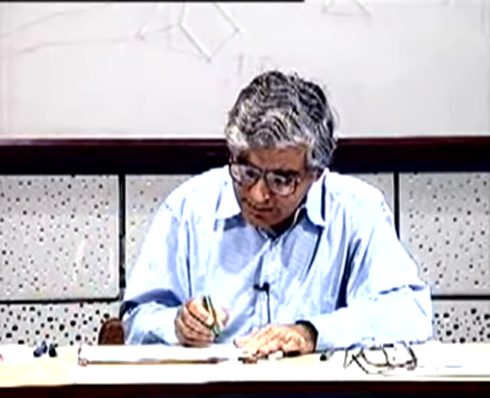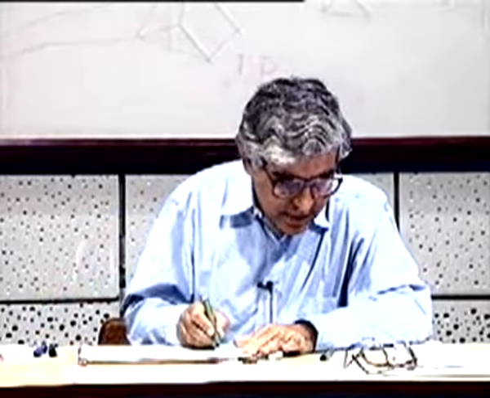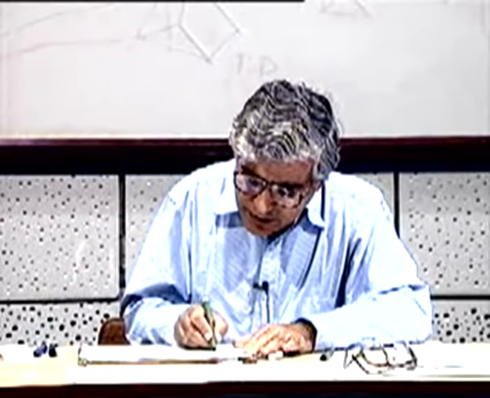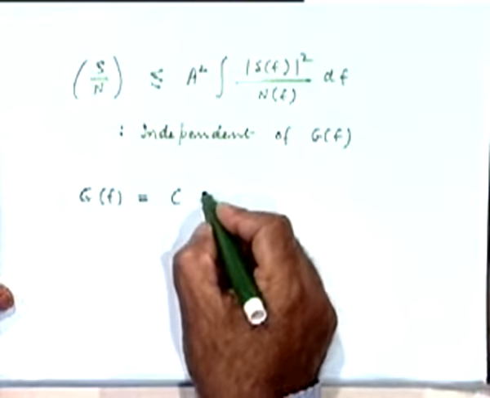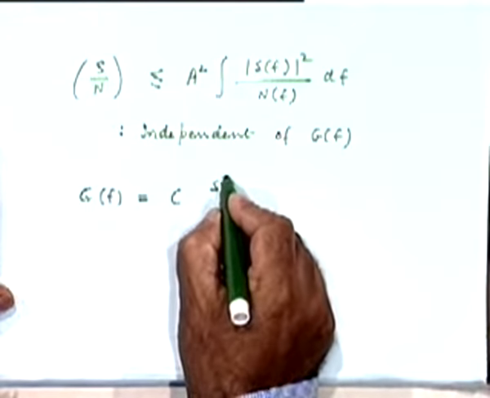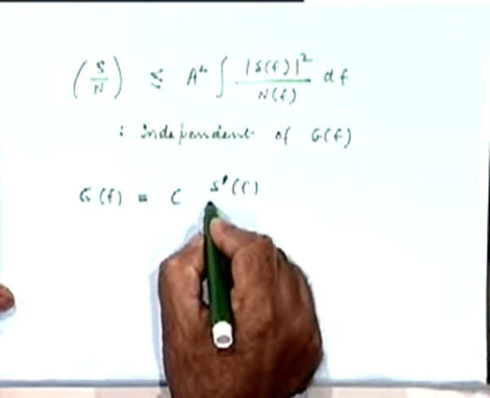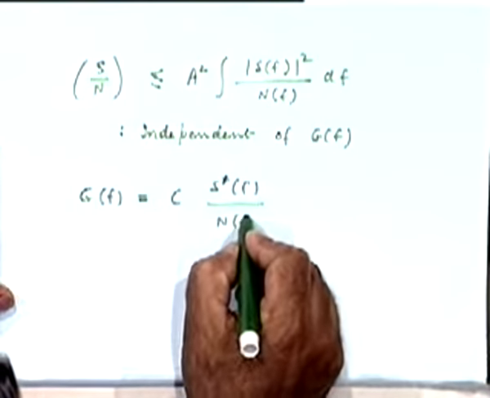Now, let's look at this equation again. Suppose I want to eliminate the condition that T0 equal to 0. What modification in the result you will notice? So our optimum filter is some constant times S conjugate F upon NF.